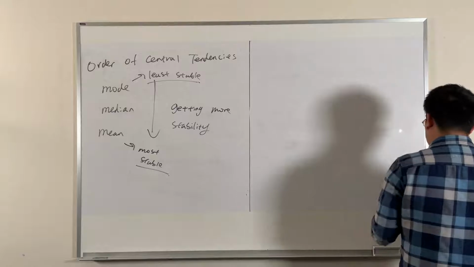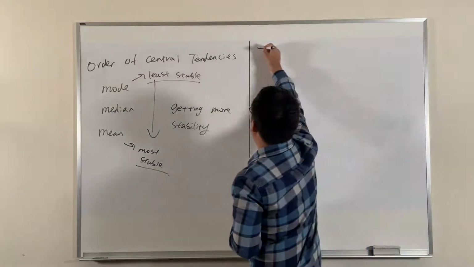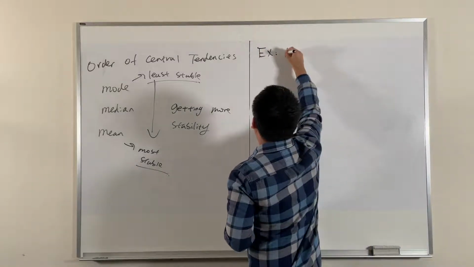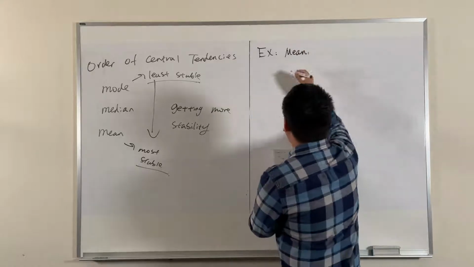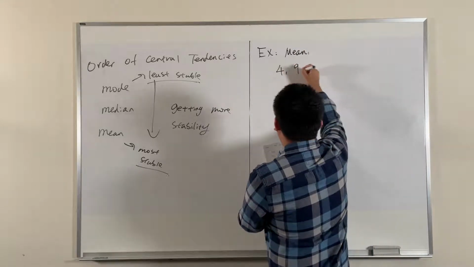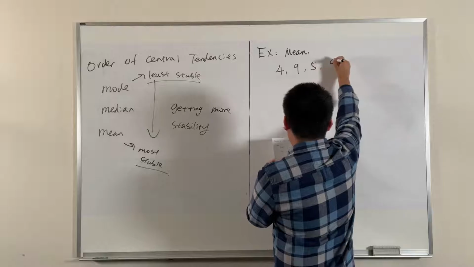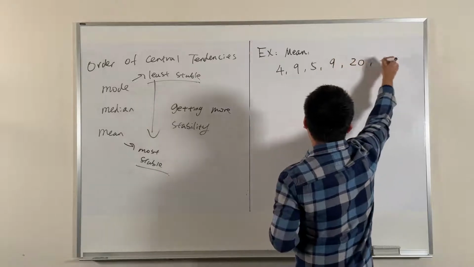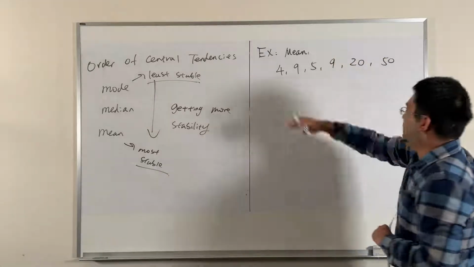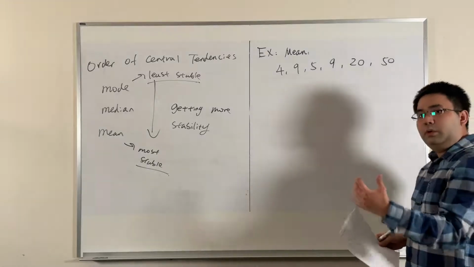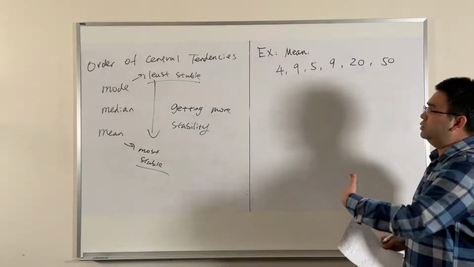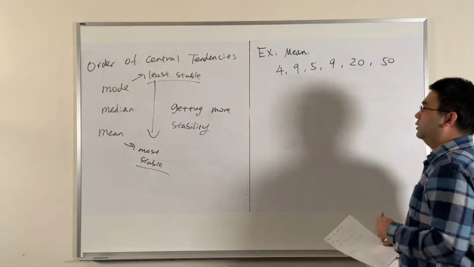Okay, so we're going to do an example to find the mean. We have a set of data: 4, 9, 5, 9, 20, and 50. Is it necessary to rearrange them first before you do the calculation?